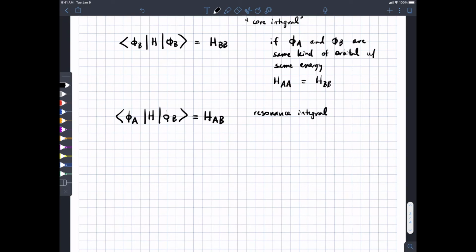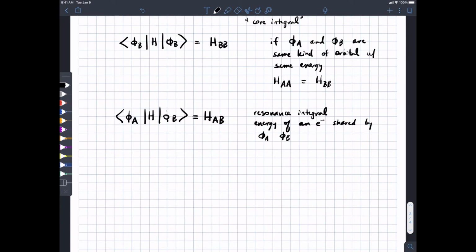And it's going to describe the energy of an electron shared by phi A and phi B. And I'm not quite sure conceptually how that works out, why when you multiply phi A by the Hamiltonian applied to phi B, you get the energy of an electron shared between those two. But that's sort of how you can think about it.